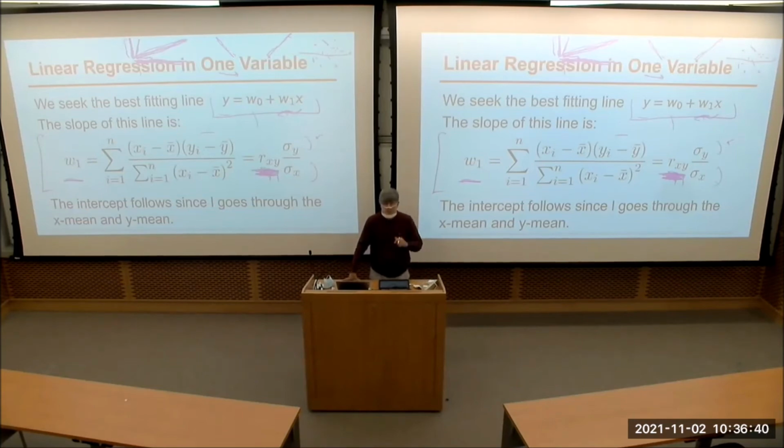Any questions about that? If we think about that, how do we interpret the intercept of the line? It turns out one point that is always on the least squares fit is the mean of the x value.